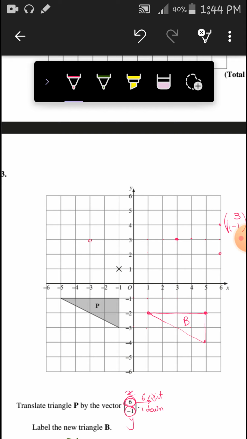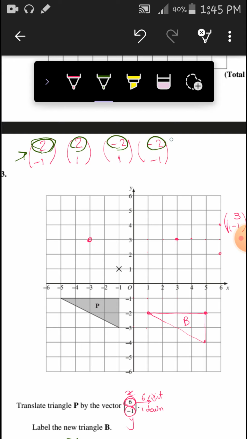Move this point, the first one by vector 2 and 1, the second by negative 2 and 1, and so on, negative 2 and negative 1. The first number, 2 positive, means move to the right, because the first one is right or left. So this is right, this is right, this is left, left.